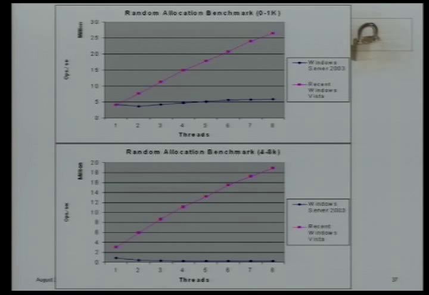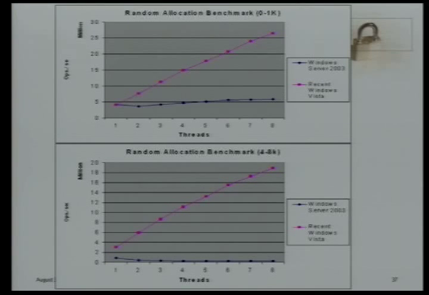So here is a benchmark with a multi-threaded application, which allocates concurrently on multiple threads random blocks in the range of 0 to 1K, and the second graph is from 4 to 8K. You can see the blue line. I'm not sure you can read the text there.